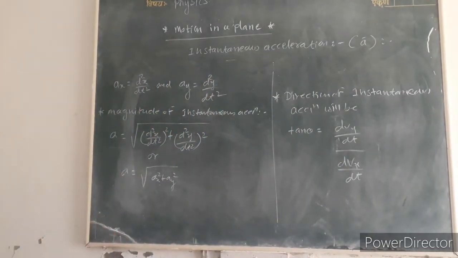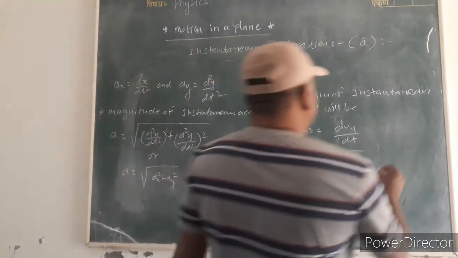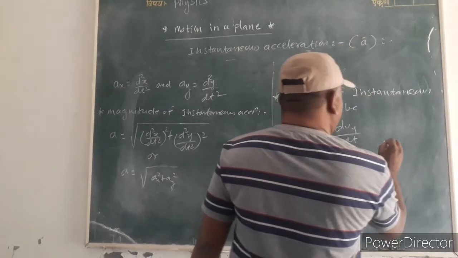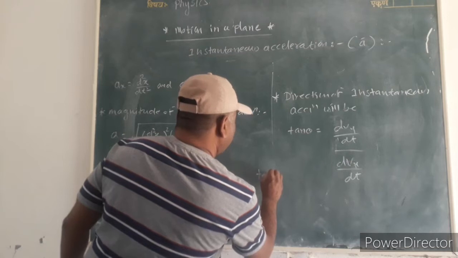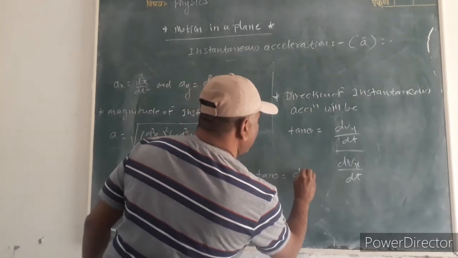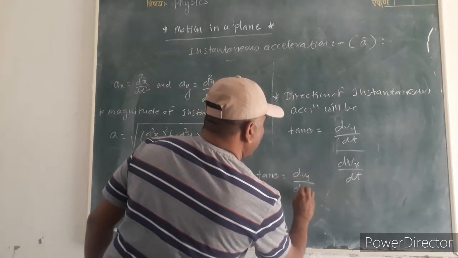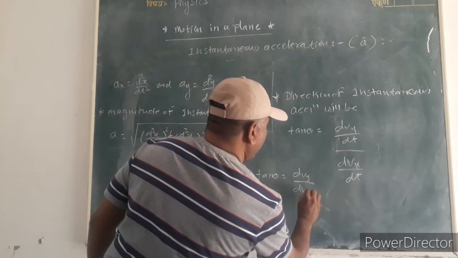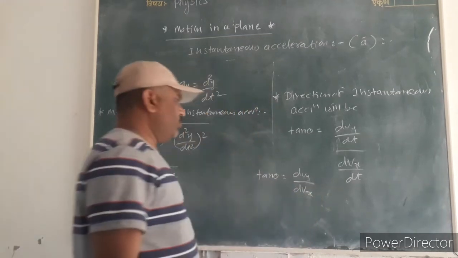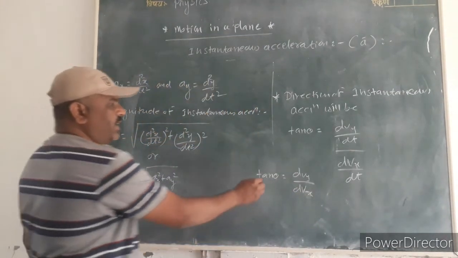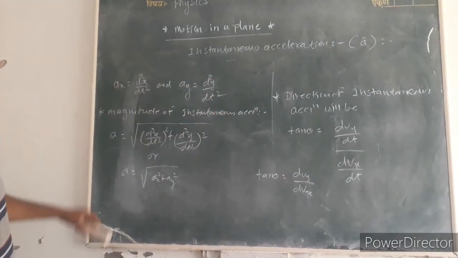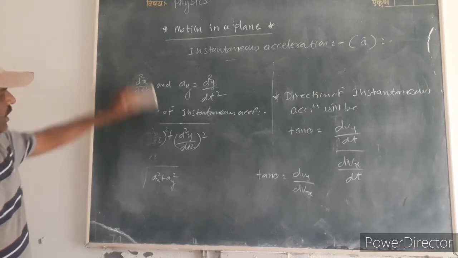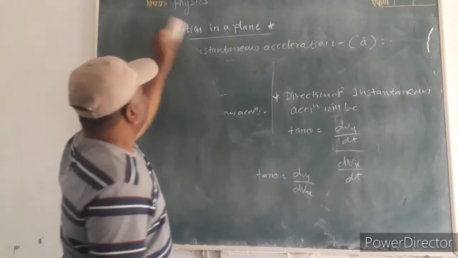Therefore, this dt cancels, or finally we get tan theta is equal to dvy upon dvx. Using this equation, tan theta is equal to dvy upon dvx, we calculate the direction of instantaneous velocity.